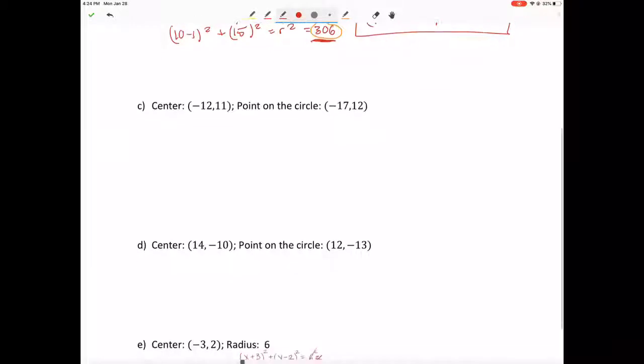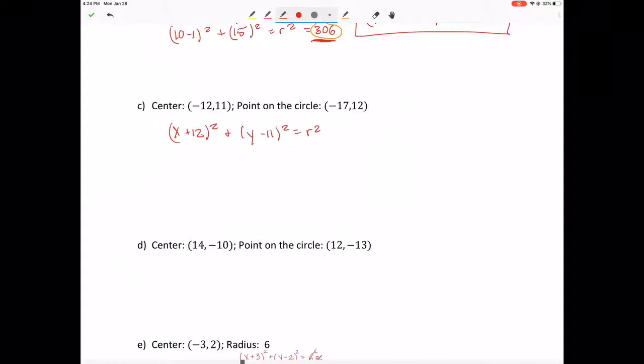All right, next problem. X plus 12 squared plus y minus 11 squared equals the radius squared. Then we plug in negative 17 plus 12 minus 11 squared equals the radius squared.